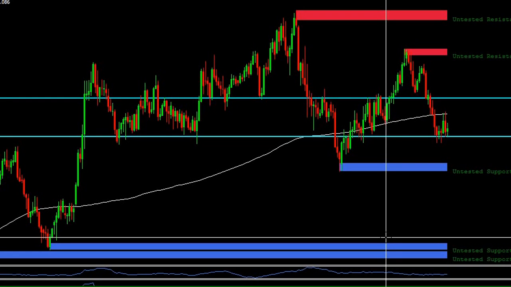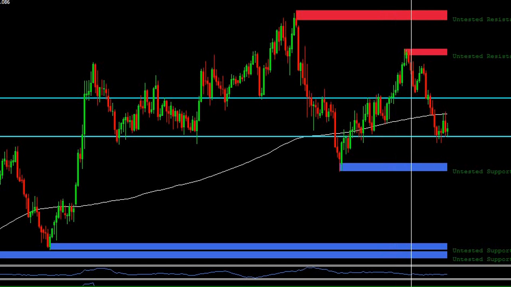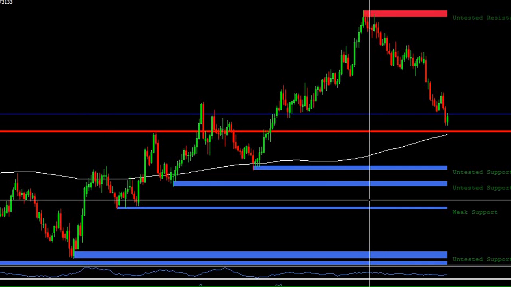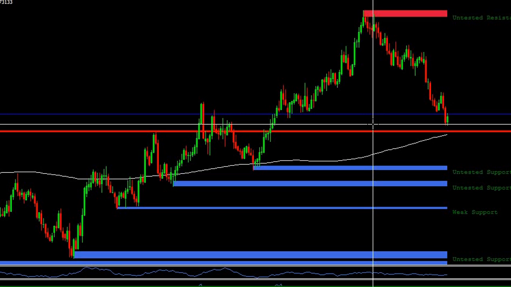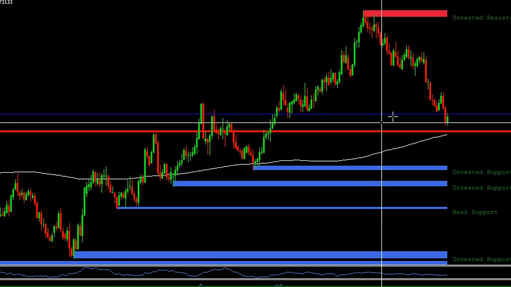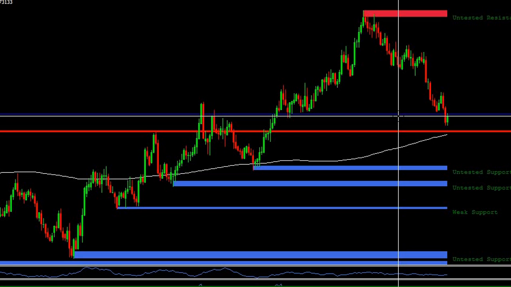So our next pair to look at will be pound CAD. Pound CAD is another pair that is approaching a very major decision level, that is 1.7162, and we can start seeing a reason to think of a counter trend trade.